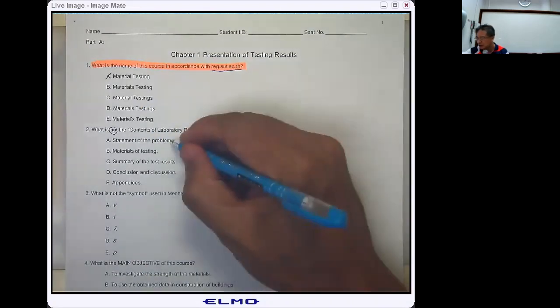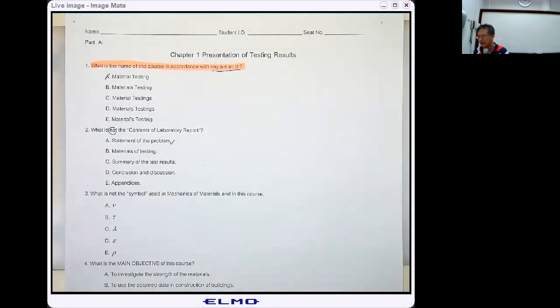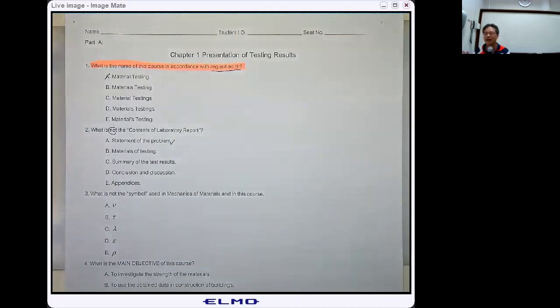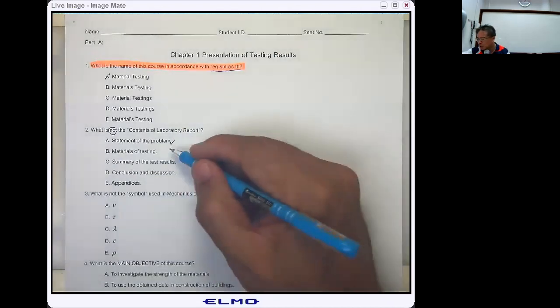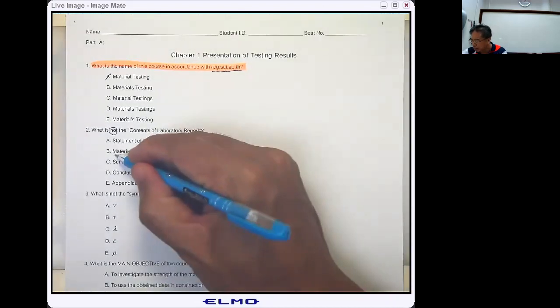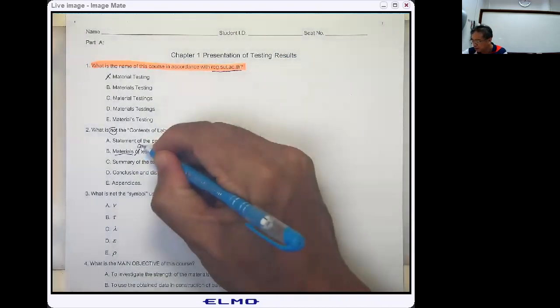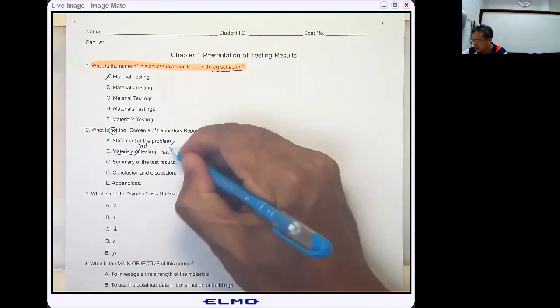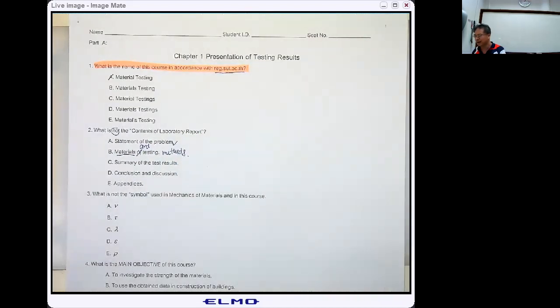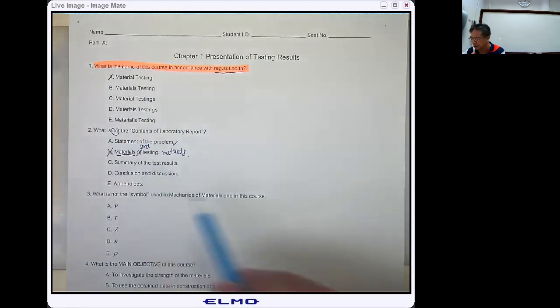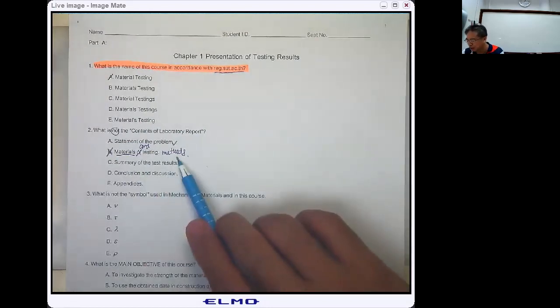When you start, you have to state the problem, like laboratory number 3, the tension test of steel and cast iron. And for sure, you also talk about the material, but it must also include the testing method. So this is not complete if it is only the material; it's the testing method also.